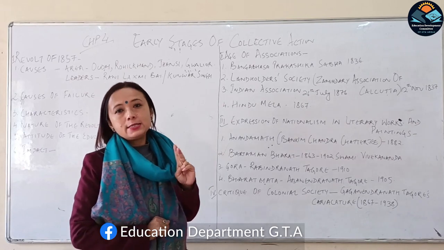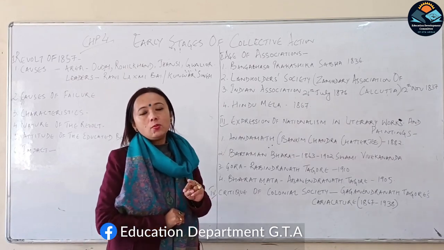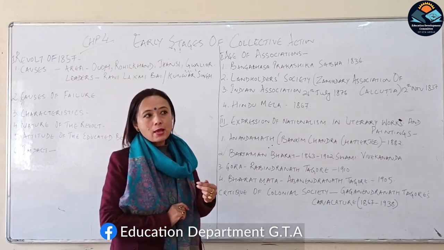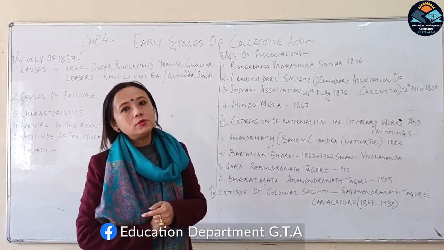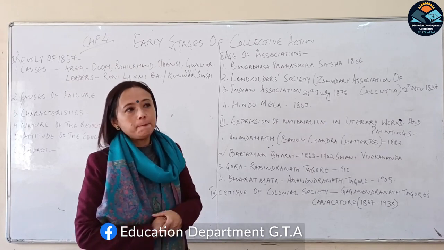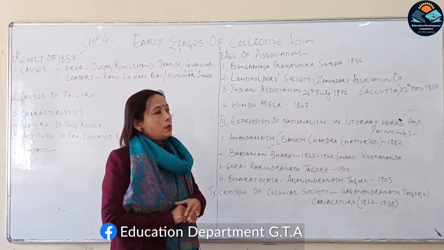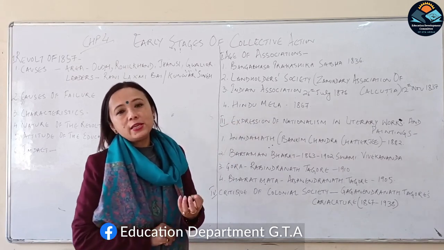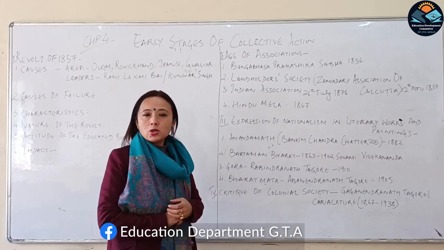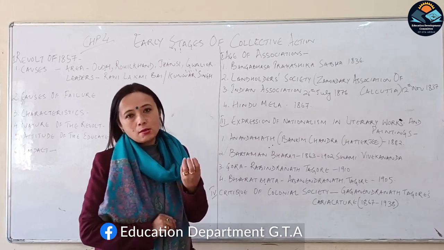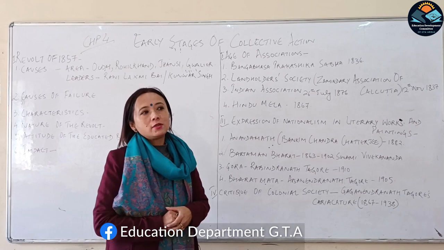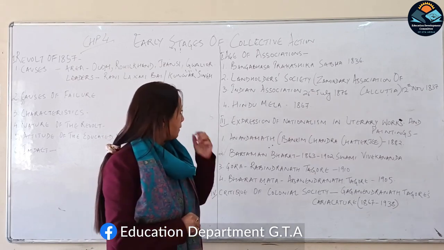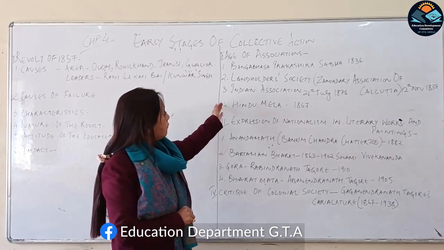Self-help and self-dependency were the main objectives of the Hindu Mela. Self-help, self-dependency, Atma Nirbhar. Right? Now, the Hindu Mela organized many fairs and displayed products, articles of Indian art and craft, which encouraged the native producers.